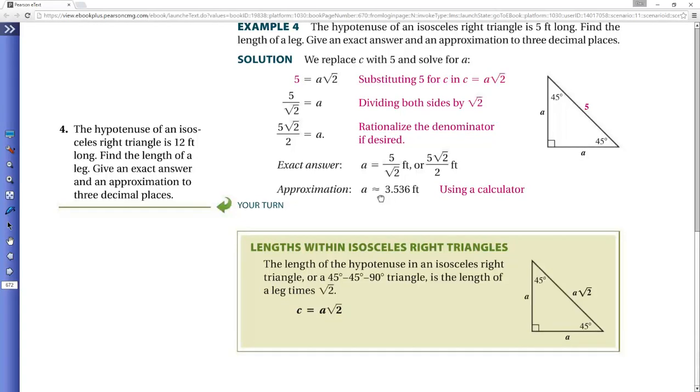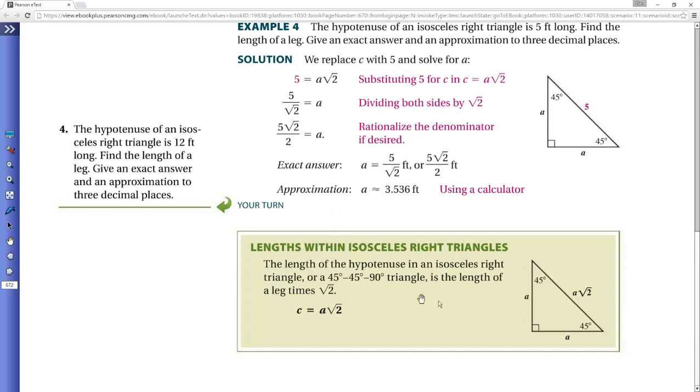Now, they actually take it both ways. Usually when we're working with fractions and irrational numbers, most places I've seen they would prefer that it be this way. And then the approximate would be, you could take either one of these, take 5 and divide it by the square root of 2, or take 5 times square root of 2 and divide by 2, and you'll get 3.536.